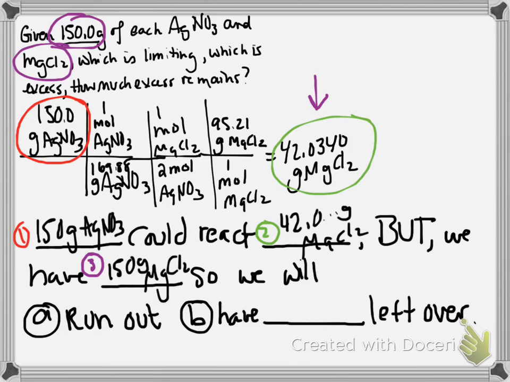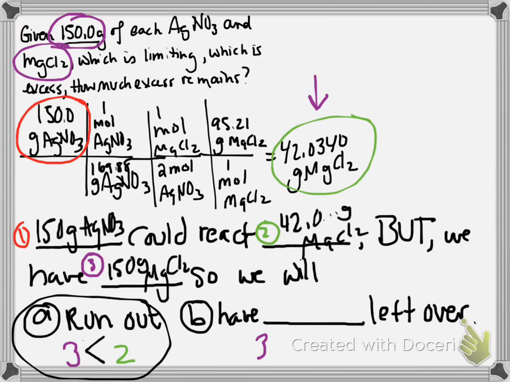If 3 is smaller than 2, we run out. Okay? If we have less than we could use, we run out.